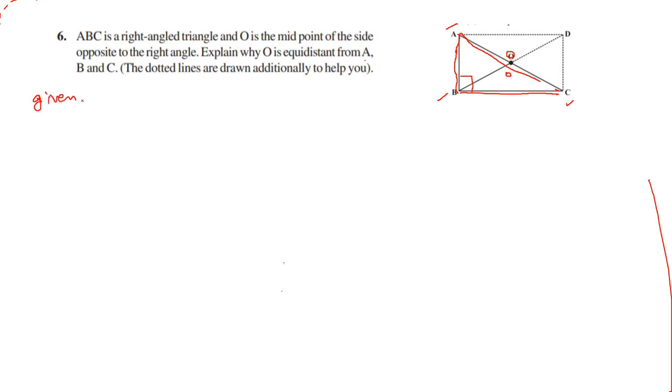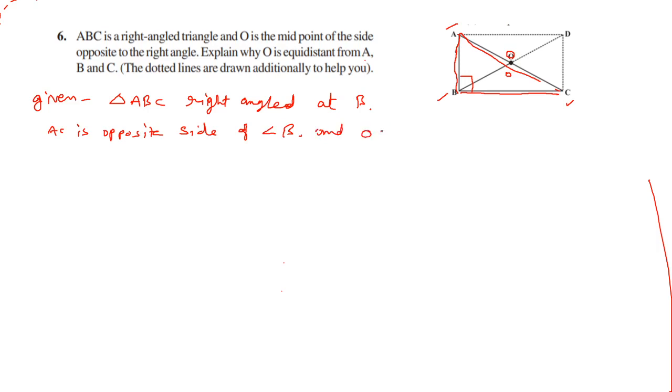Given. So what is given here? Rectangle ABC, right angled at B, and AC is the side opposite to angle B, and O is the midpoint of AC.